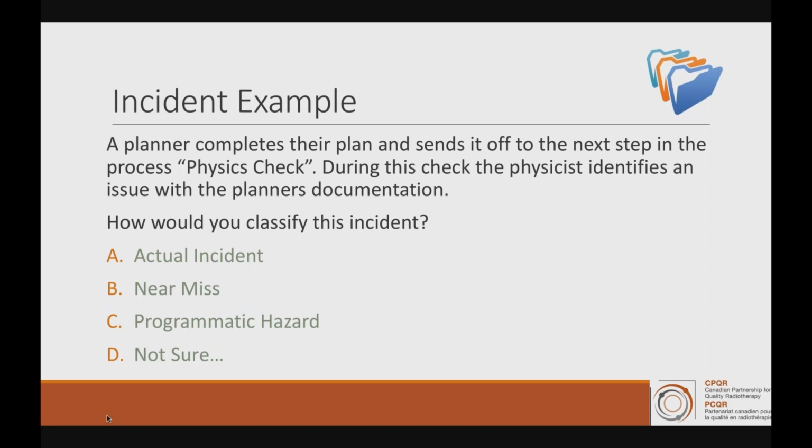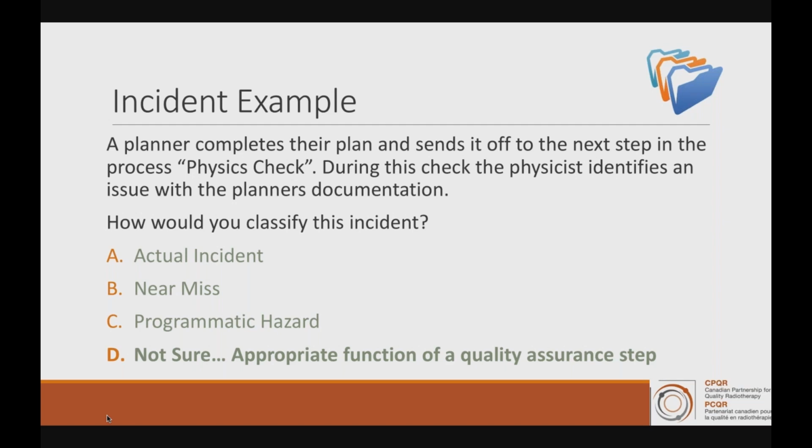This is where it gets kind of tricky. You may think that this is a near miss because something downstream caught an error upstream. However, the physics check is the actual next step in the process. The purpose of that physics check is to check things from the planner directly upstream.